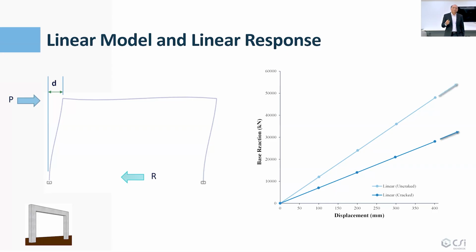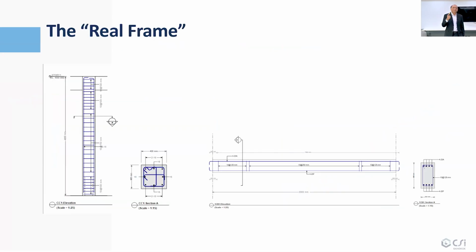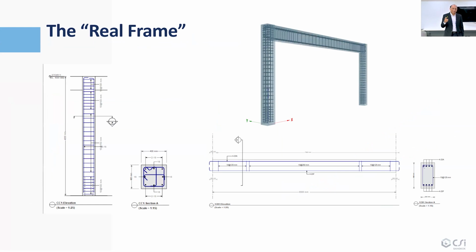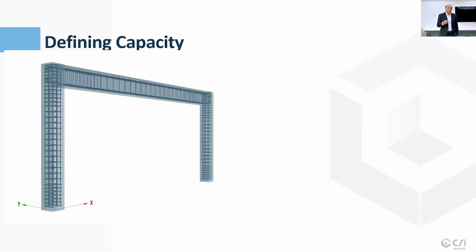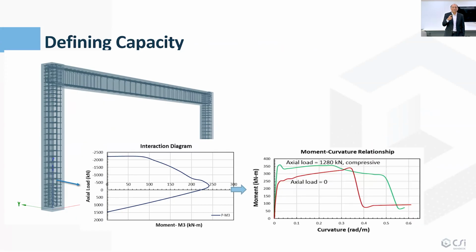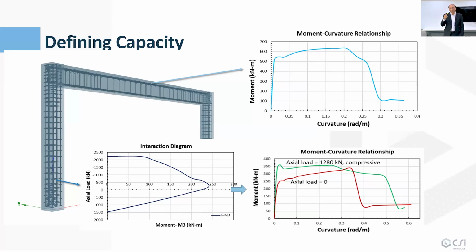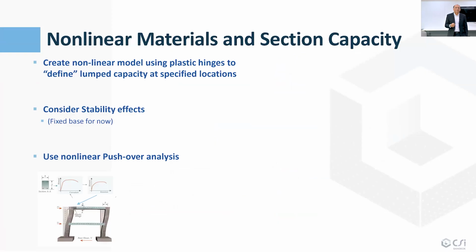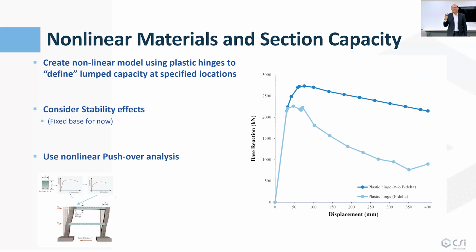But in reality, if you put the nonlinearity into this and bring in the actual frame dimensions, reinforcement, confinement, and everything, and create the proper model using the interaction curve, get the load capacity from there, and the moment curvature curve for different axial loads, put them back into the moment curvature relationship, and then for beam and column, both of them, you determine the moment curvature relationship, put it back as a moment rotation, carry out a nonlinear pushover analysis, then you will see that the nonlinear capacity will drop.